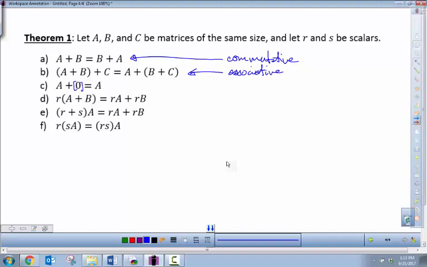And the third one says that 0 is the additive identity. And then the next two are, this should be S, sorry, SA. The next two are forms of distributive properties.